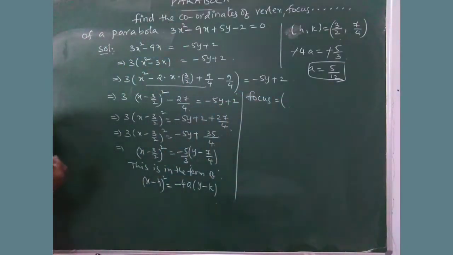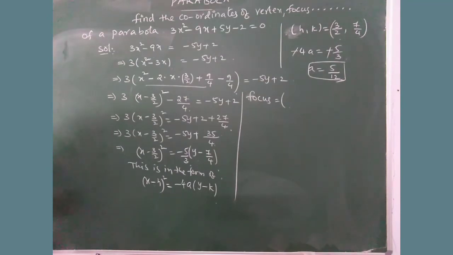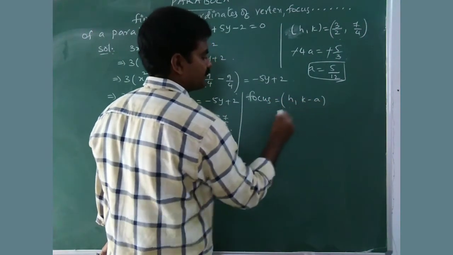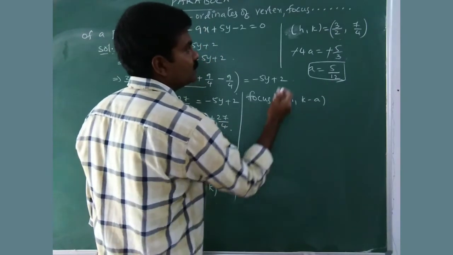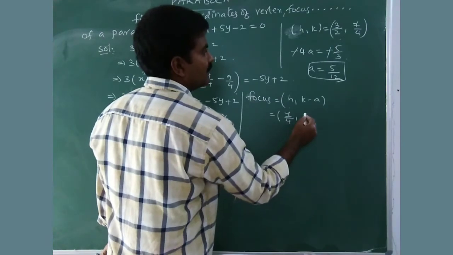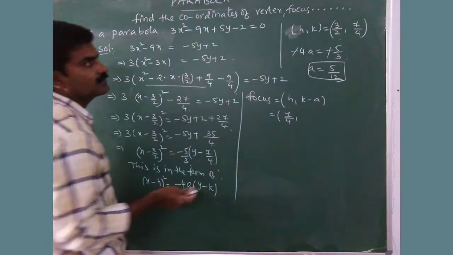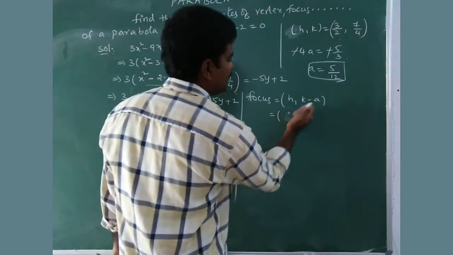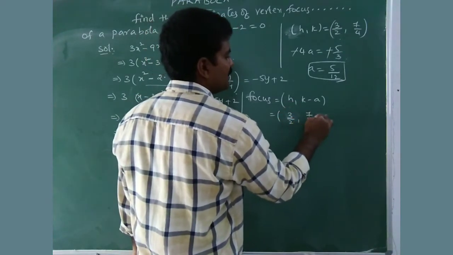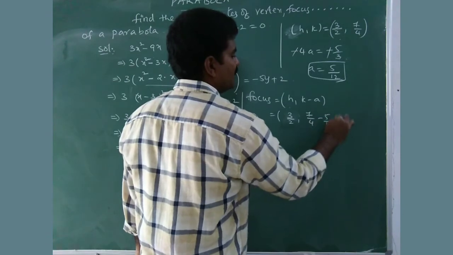What is the focus here? Is it h comma k minus a? So h is 3 by 2, no? h is 3 by 2 comma 7 by 4 minus 5 by 12.